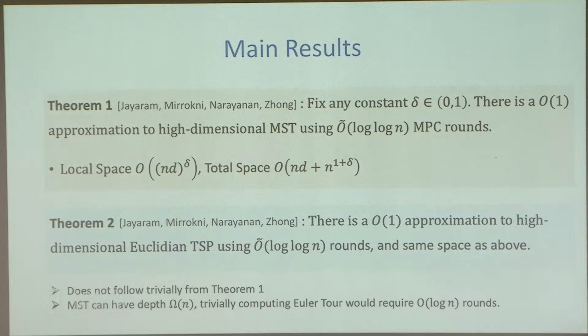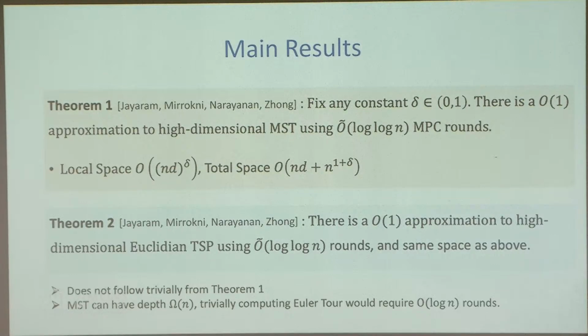We also show that we can give a constant approximation to the TSP, the traveling salesman problem. Although you may think that the MST can directly imply TSP results, the answer is no. Imagine you have an MST which is just a path, and you want to output this path.